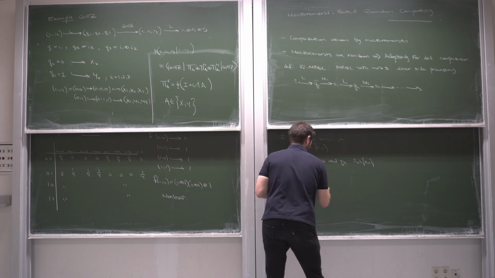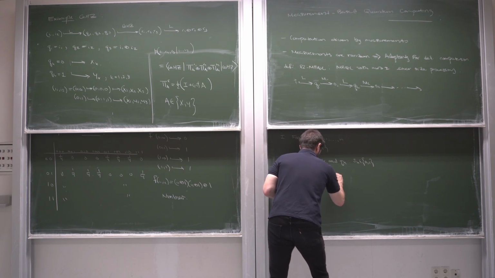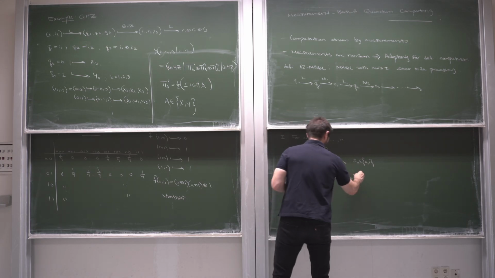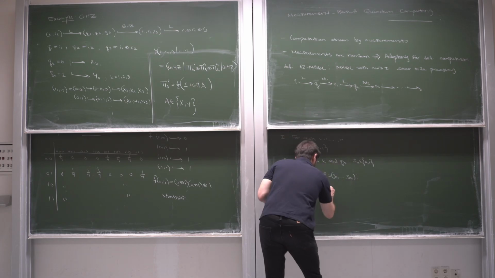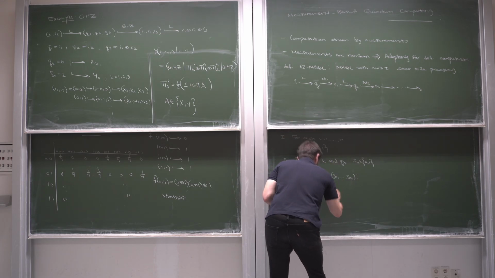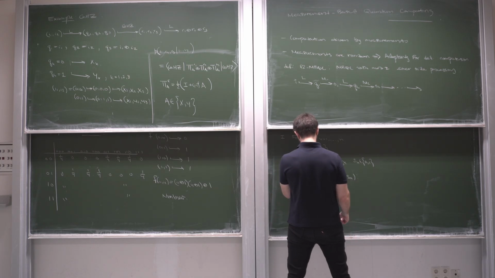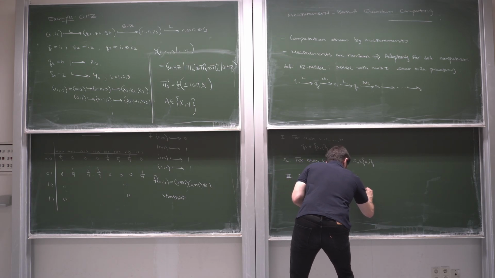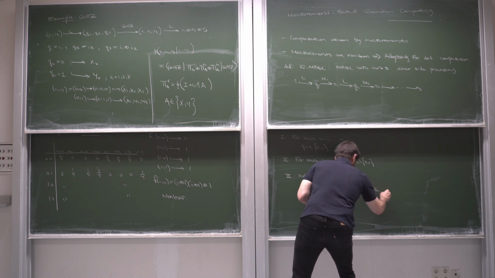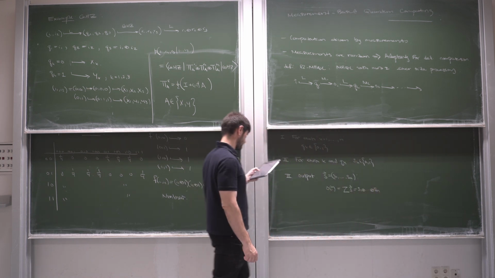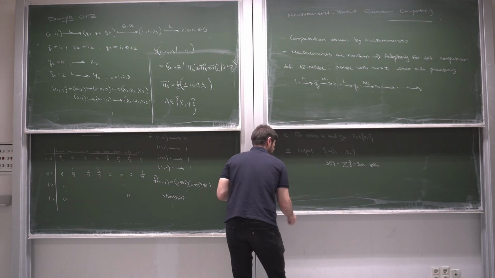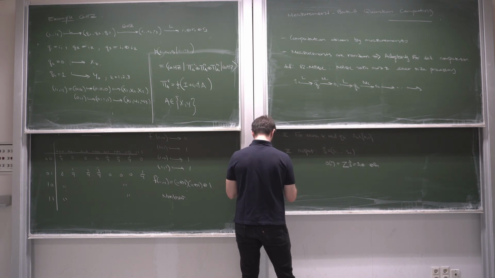So if the set of outcomes is the vector S1 to Sn, then the output of the computation O of I, where I is the input, is equal to the parity of S, which is S1 plus through Sn, modulo 2 arithmetic.